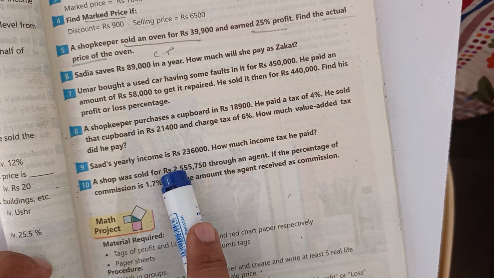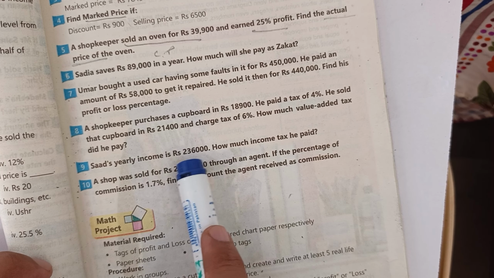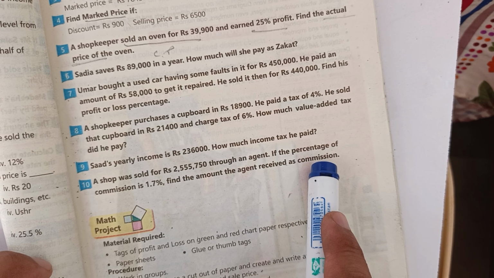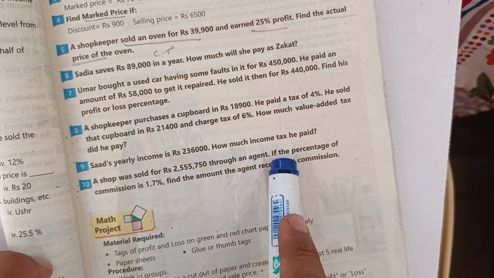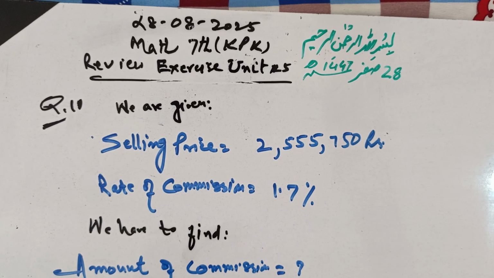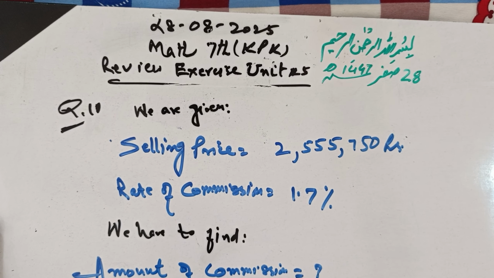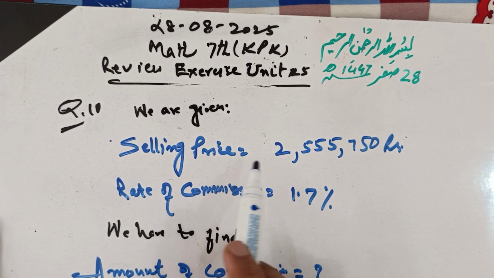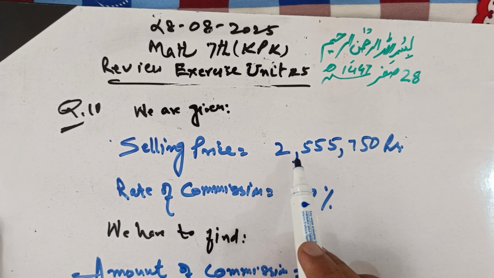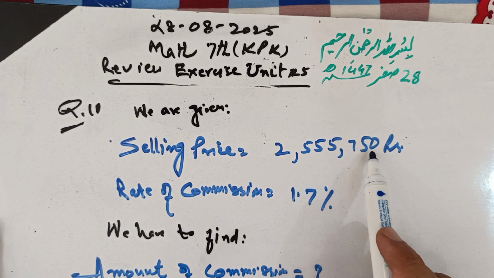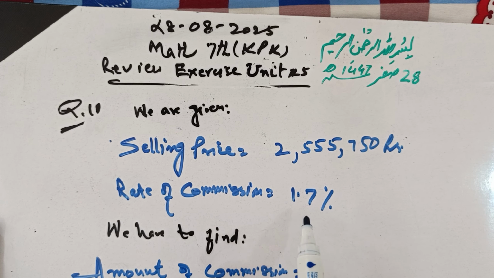So selling price and rate of commission, these two things are given, and we have to find the amount of commission which the agent will receive. Moving towards the whiteboard, I have written what we are given. Selling price 2,555,750 rupees. Rate of commission 1.7%, and we have to find the amount of commission.